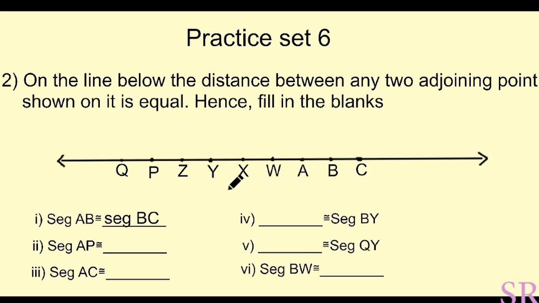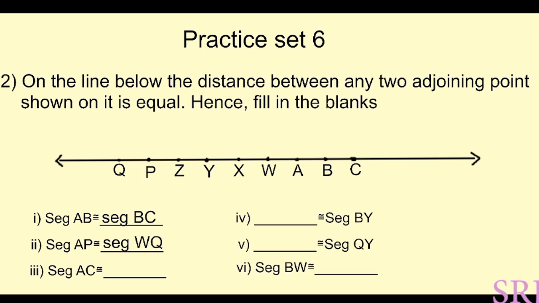So any distance which is equal to this distance is congruent. So let us take W and Q. Let us see the distance between them. 1 centimeter, 2 centimeter, 3 centimeter, 4 centimeter, 5 centimeter. On this line, you can choose any other distance, but I prefer choosing this. So, the second answer will be segment AP is congruent to segment WQ.